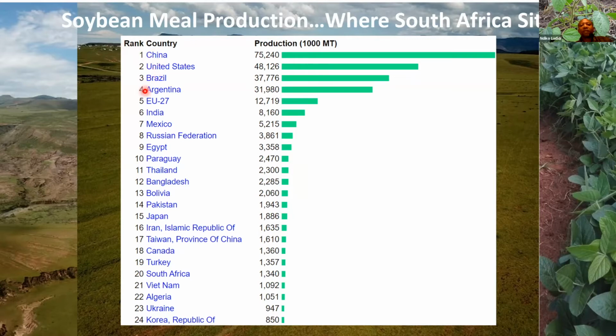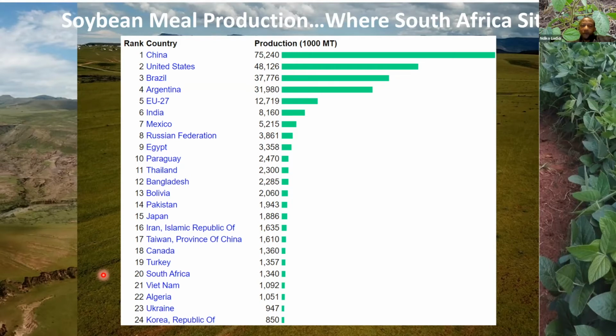China, the United States, Brazil, and Argentina are top. And of course, this is a good thing because in terms of production of soybean grain, these are the top countries. And South Africa sits way at the bottom, but at least in the top 20. And so South Africa is a net importer of soybean meal, because as much as we are not necessarily a net importer of soybean grain, we are not processing enough of our soybean grain.